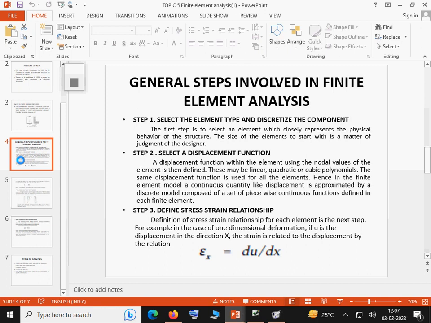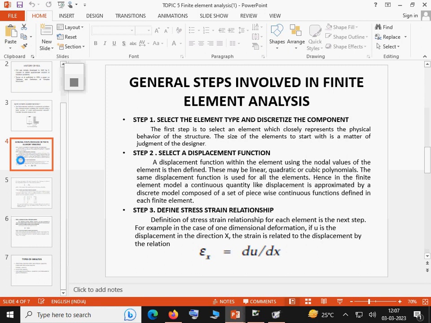Initially the boundary values may be fixed, like for a simply supported beam the first node may be fixed. After that at the second node we apply either point load, UDL or UVL, any kind of load. Finally we have to calculate the displacement value. Is it correct? So in FEA we have to calculate the stress, strain or maximum load withstanding capacity of that particular beam.